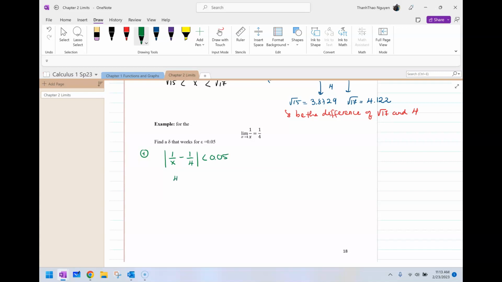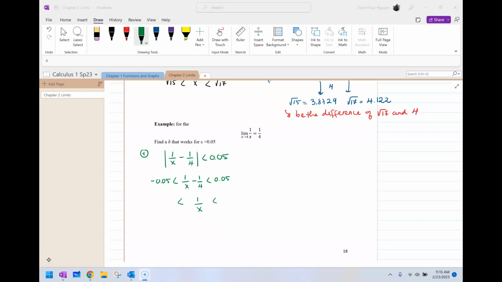So this means |4 - x| divided by 4x. This means 1/x minus 1/4 is less than 0.05 and greater than negative 0.05. We solve this inequality for x.